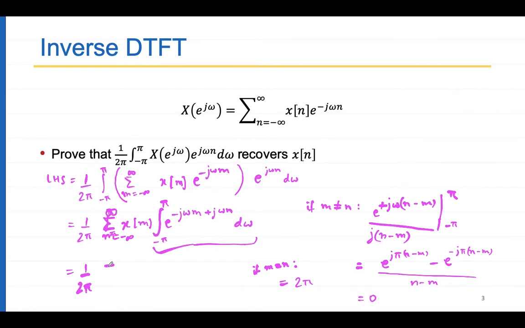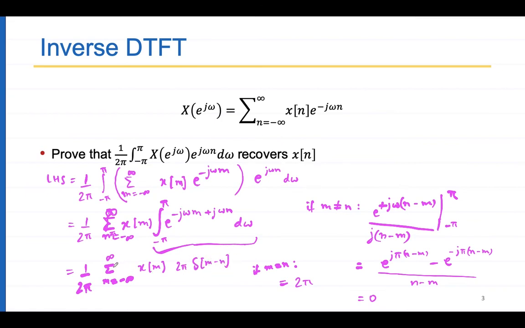over m equal to minus infinity to plus infinity of x[m] times 2π times δ[m-n].